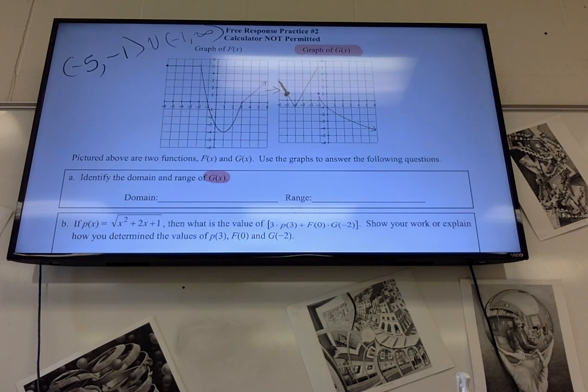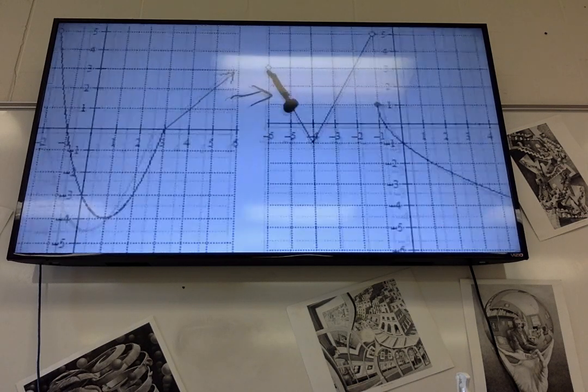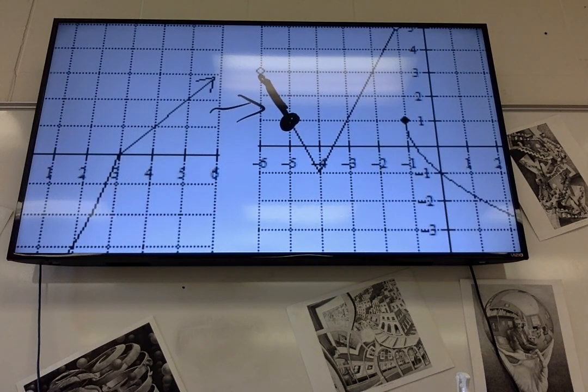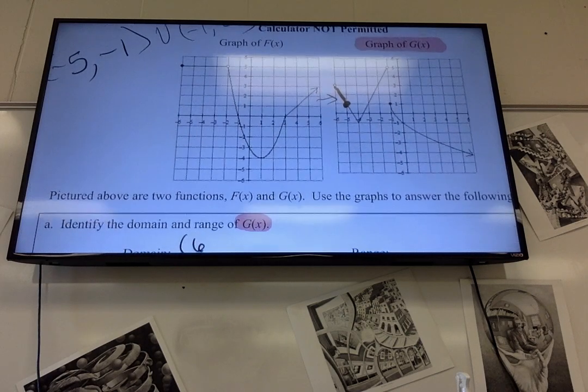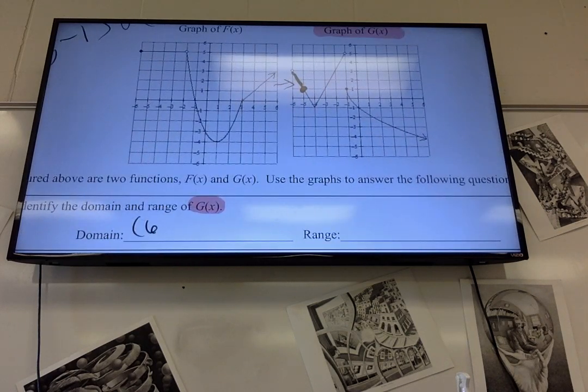How do I include that? Yeah, it goes to 6. Does it include 6? No, because that's an open circle. In case you can't see that, it is an open circle. So I would go from 6, and then it says to -1.